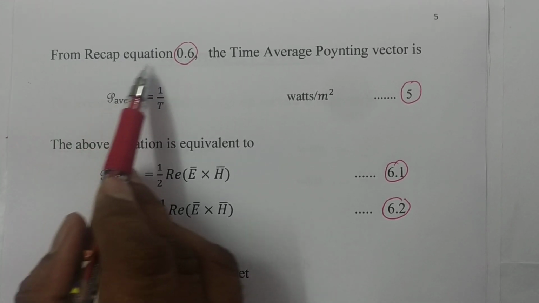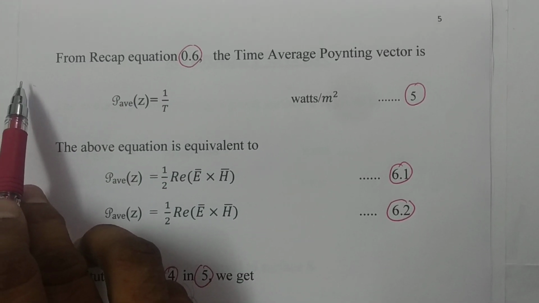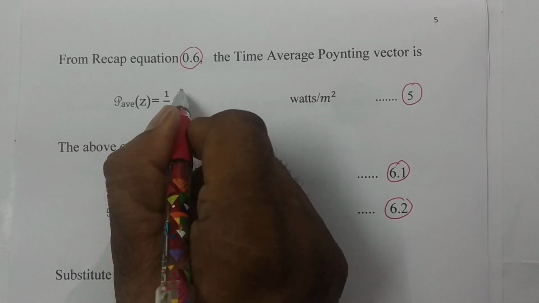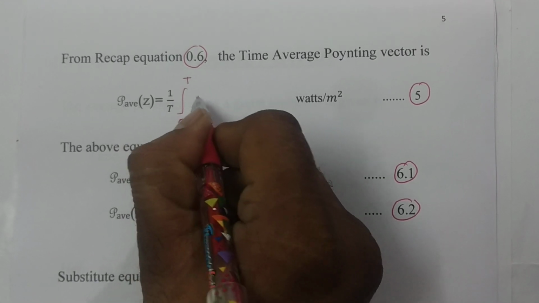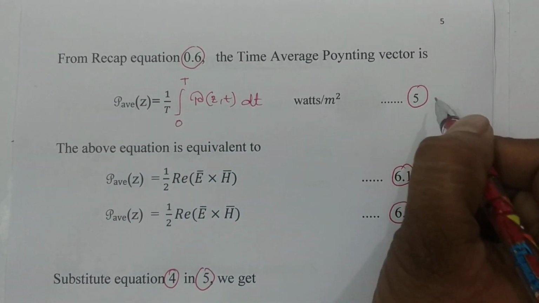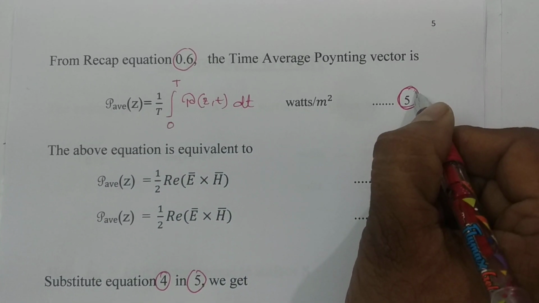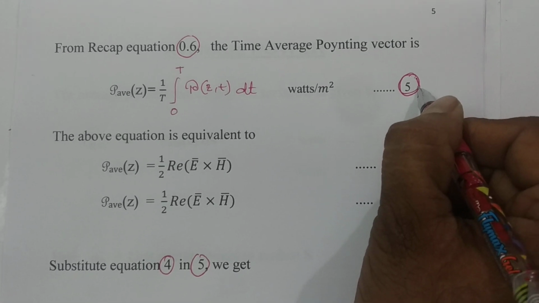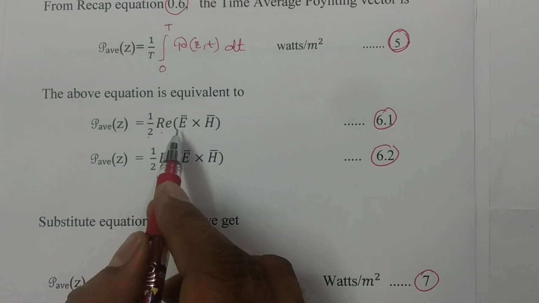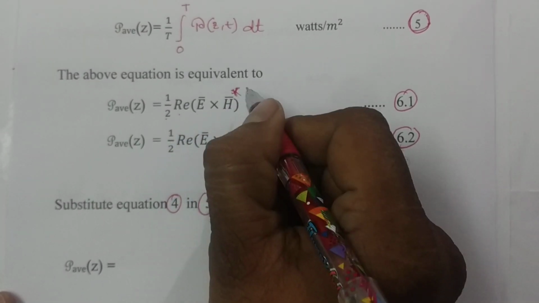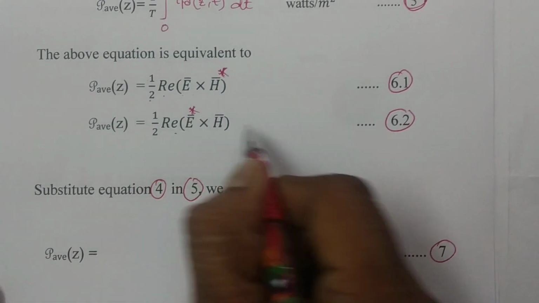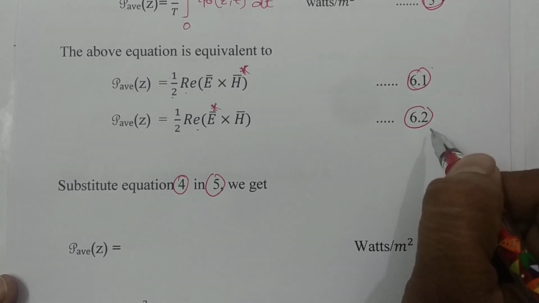From recap equation 0.6, the time average Poynting vector is P average of z is equal to 1 by T integration from 0 to T Poynting vector P of z comma t dt, given by equation 5, and this equation can be equivalent to 1 by 2 real part of E cross H conjugate, or 1 by 2 real part of E conjugate cross H, given by equation 6.1 and 6.2.